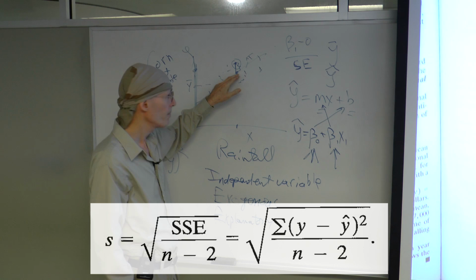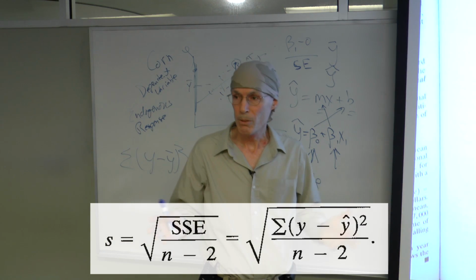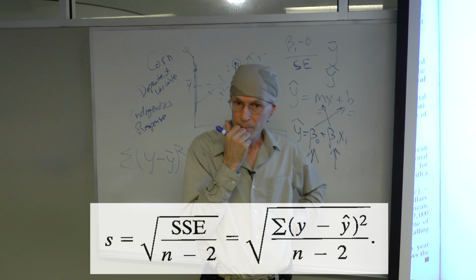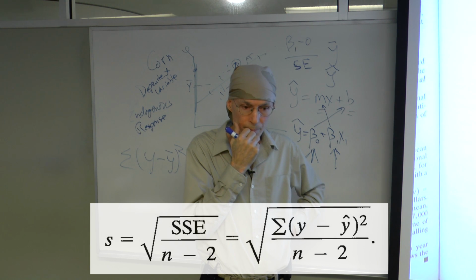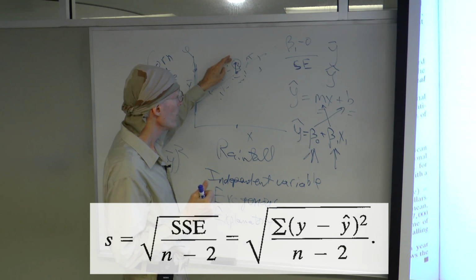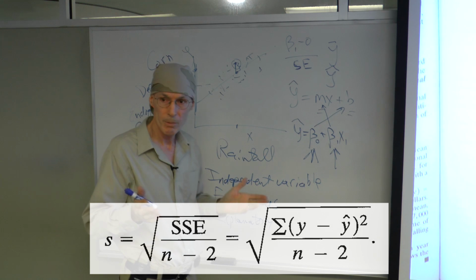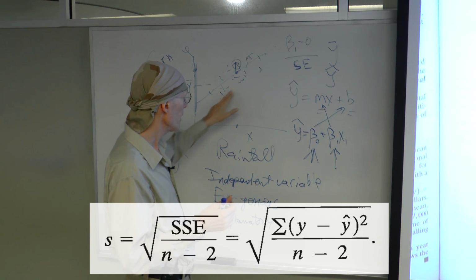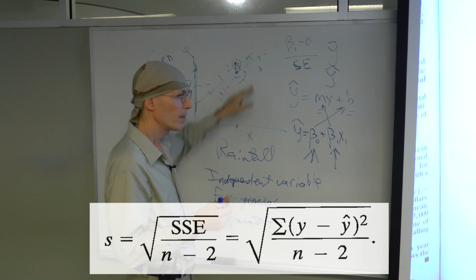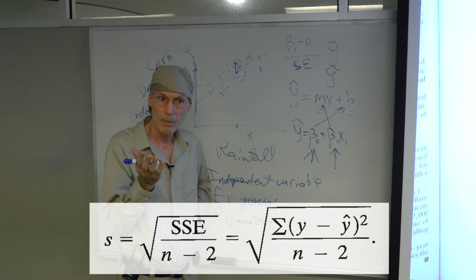Now, if I'm going to say, what's the average of those? There's a problem here. If I take y minus y hat for this one, I'll get a positive number. But for these down here, below the prediction line, y minus y hat will give me a negative number.